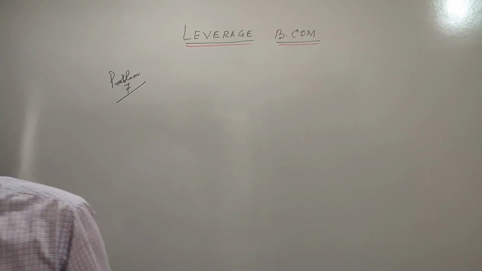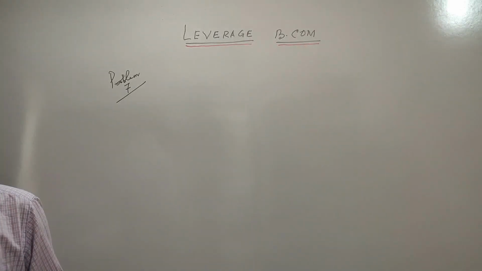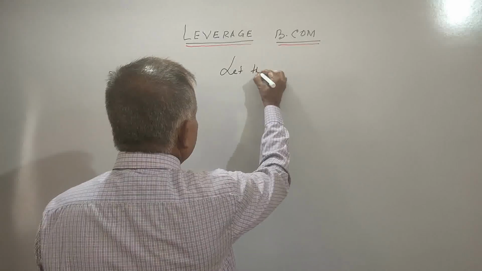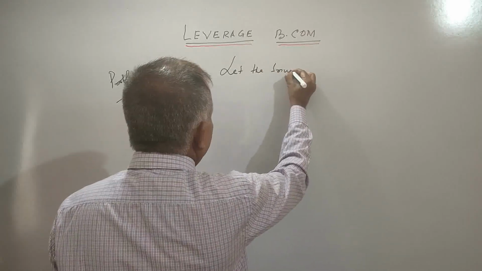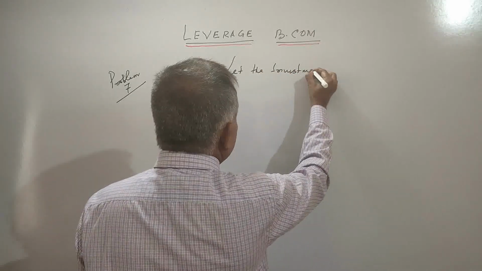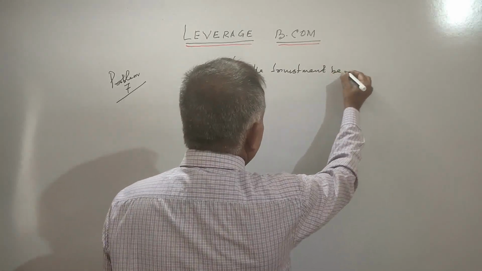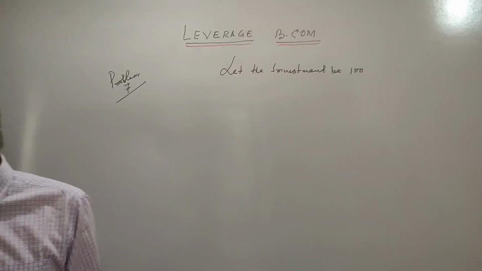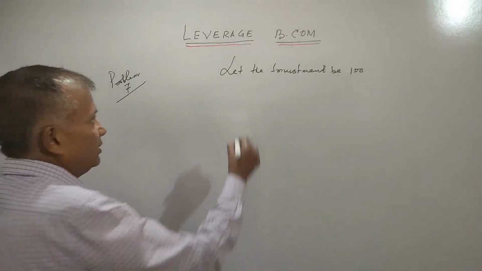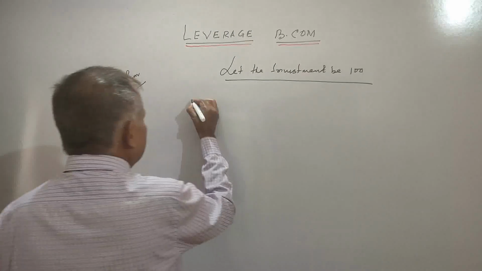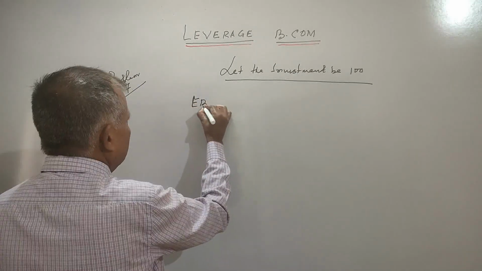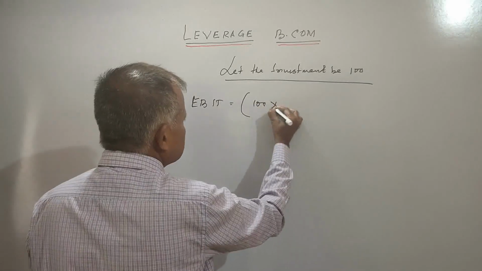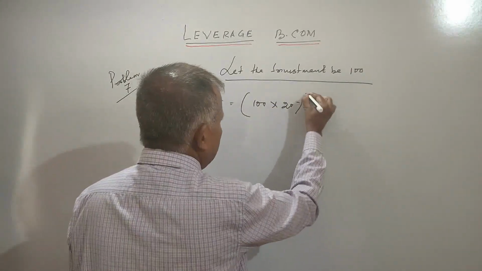So let us start with the first assumption. Let the investment be 100. Then EBIT is equal to 100 lakhs into 20%.